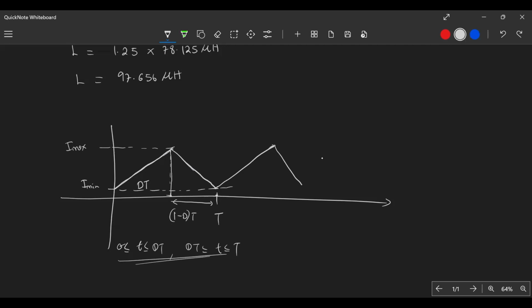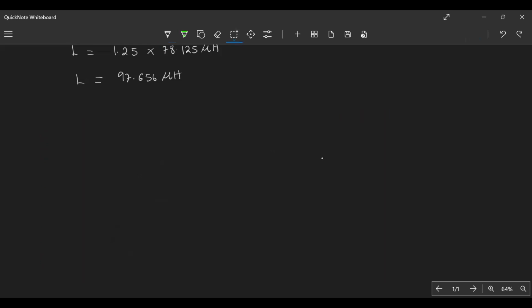Okay, piecewise functions. Let me just clear this. I'll start with the time period from 0 to duty cycle times time period.